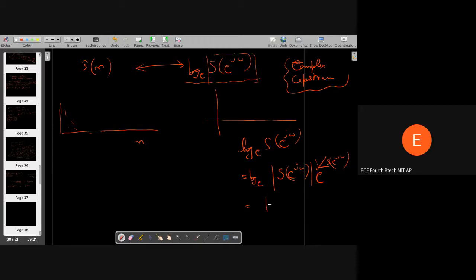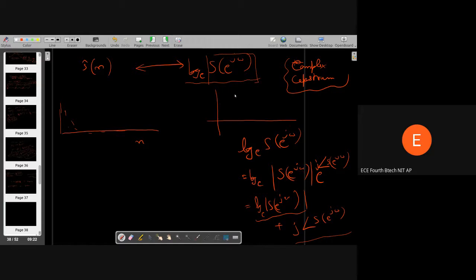First you will get the magnitude part, log of S e to the power j omega, plus j angle of S e to the power j omega. So you get an imaginary number. Here is your real part, here is your imaginary part. So it's an imaginary number, so we cannot plot it here.